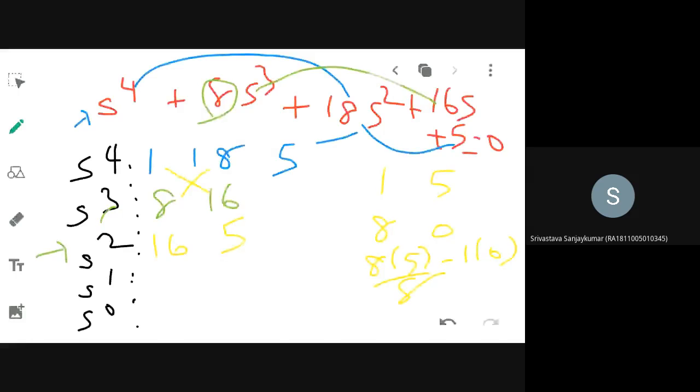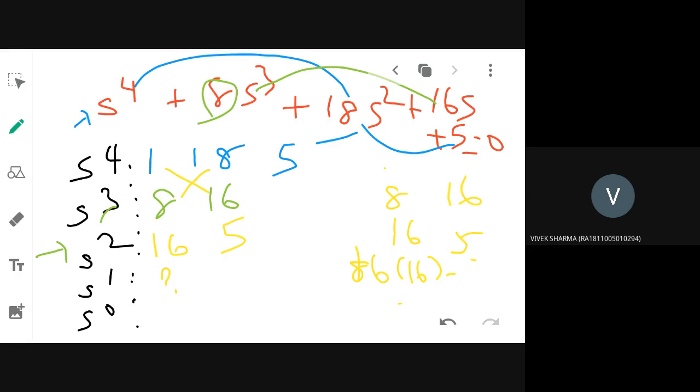Next you have to proceed in the same way further. Now you have 8, 16, 16, 5. You need to find the s to the power 1 row element. What will be the multiplication? 16 into 16 minus 8 into 5, divided by 16.